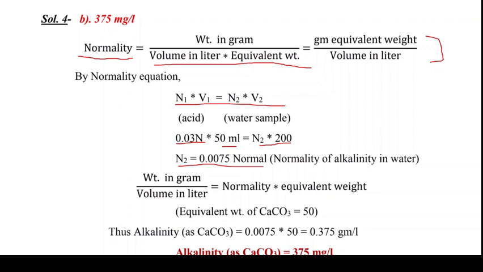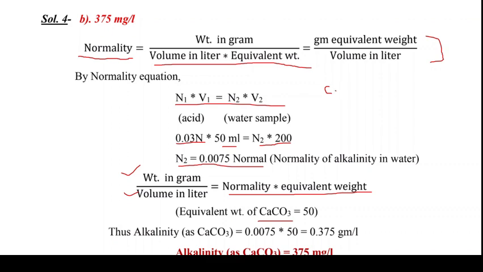Now we need to find out everything in CaCO3 terms. So weight in grams divided by volume in liters is equal to normality into equivalent weight. Equivalent weight of CaCO3 is 50. How does this come in?